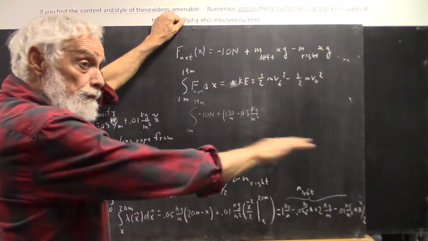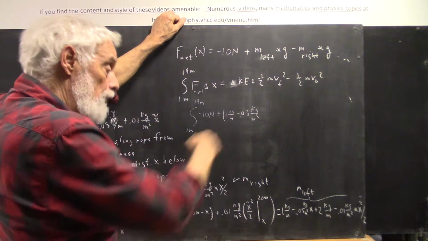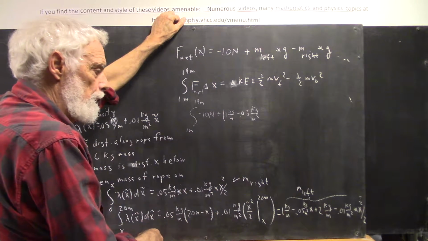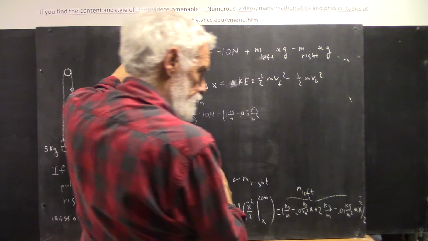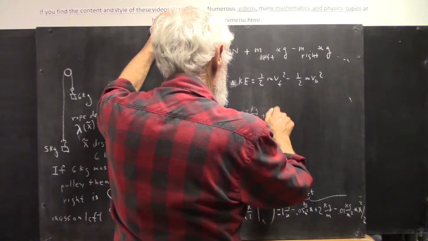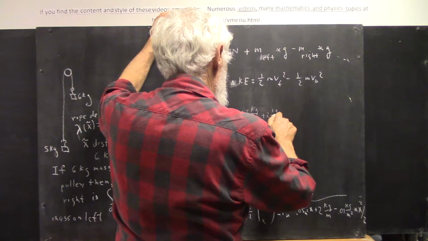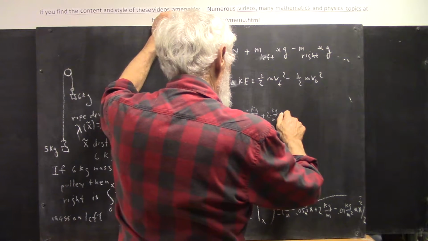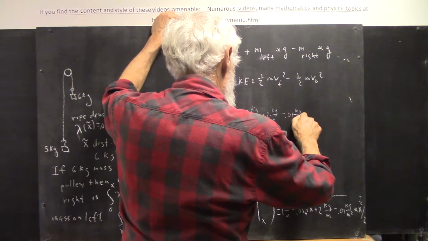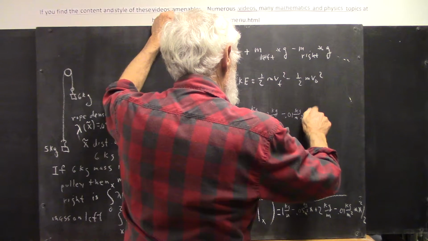If you want to skip a couple of minutes of writing this stuff down, feel free if you know where we're going. But if you need to watch, here we go. Then plus 2 kilograms per meter minus 0.01 kilograms per meter squared times x squared over 2.